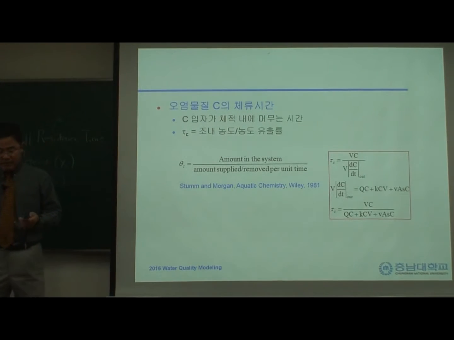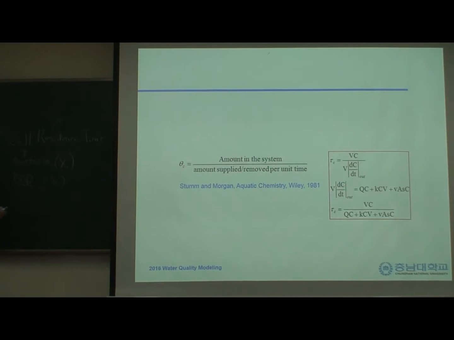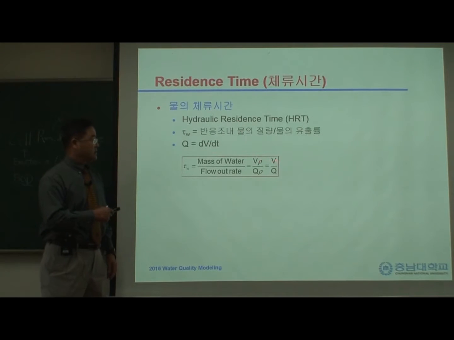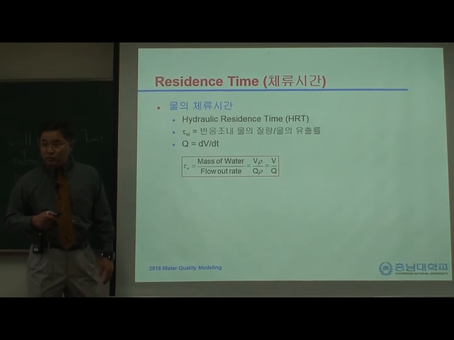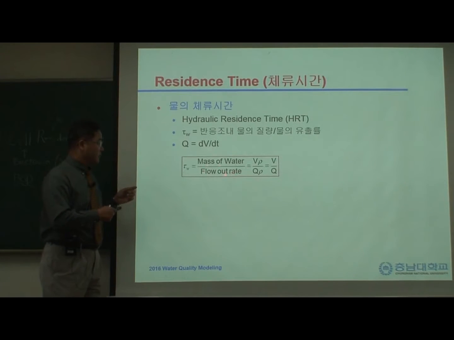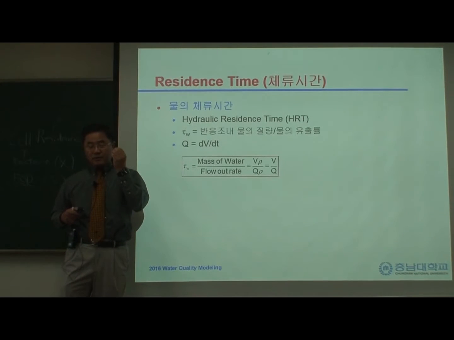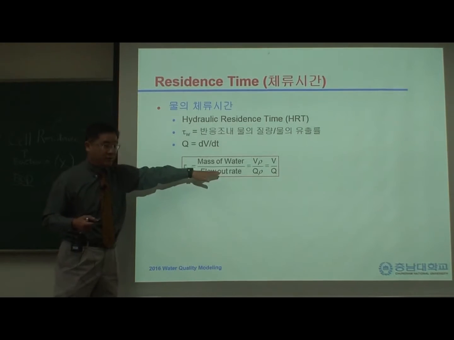And by the way, we mostly know that residence time of water is just V divided by Q, okay? And for the flow rate of the water, we don't talk about decay. We don't talk about settling because it's raw water, just flowing water. In this case, we have no K, no Vs. So K is 0, Vs is 0 for water itself.